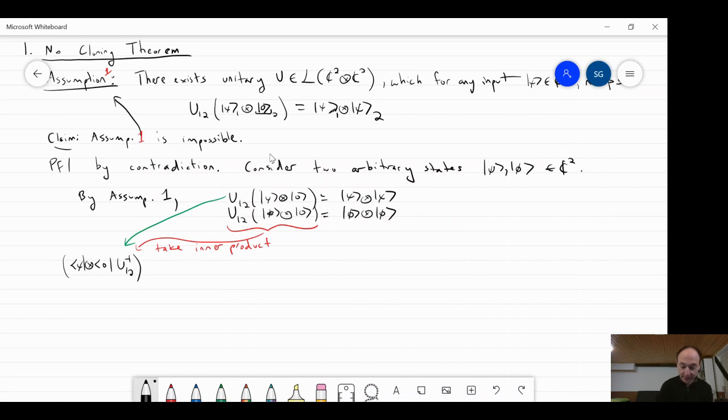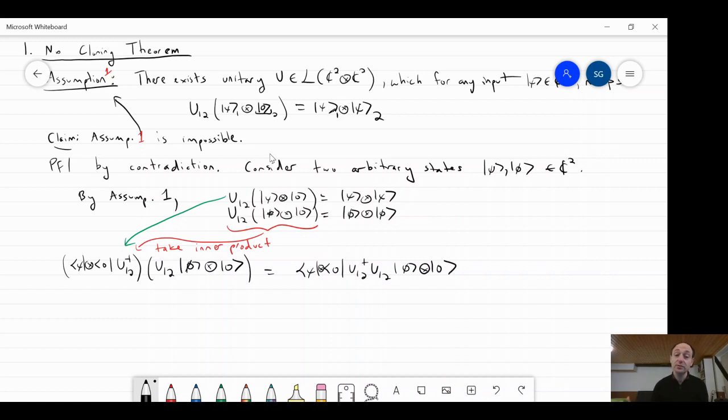Now I'm going to take the bottom term, which is phi tensor 0. Okay, so let's just work this out. What is this really? Well, this is just psi, and just so you see, I'll do it explicitly: U12 dagger, U12, phi tensor 0.